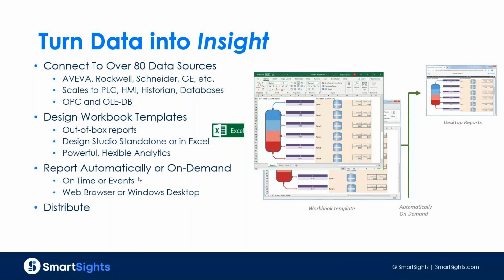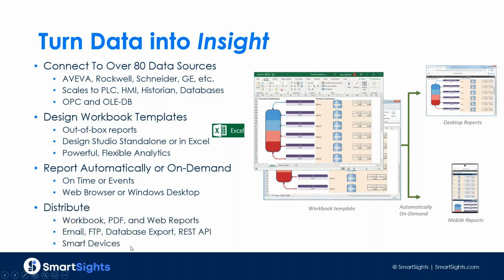We also support on-demand ad hoc reporting by a browser client, a thick desktop client, or through our mobile app as well. And the software can also act in sort of a passive mode where it just delivers reports in standard file formats, either locally or by email. We're talking workbook files, PDF, HTML, and so on.